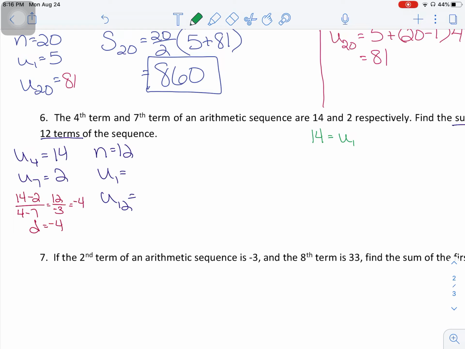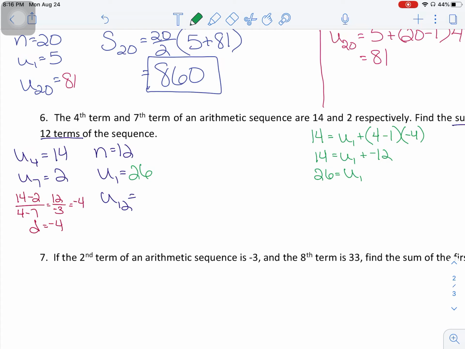So u sub 1 plus, there are 4 terms from term 1 to term 4, minus 1 times negative 4. So 14 is equal to u sub 1 plus, 3 times negative 4, negative 12. And that gets me u sub 1 is equal to 26 when I move the 12 to the other side of the equation. So there is u sub 1.